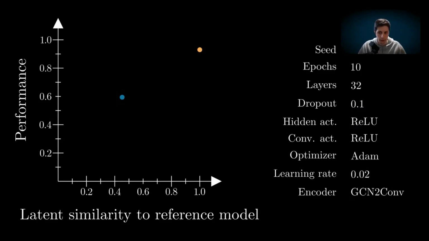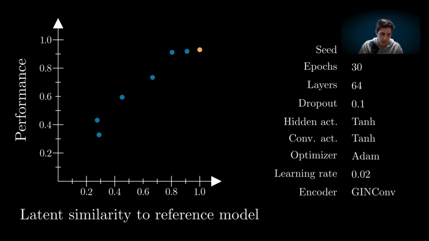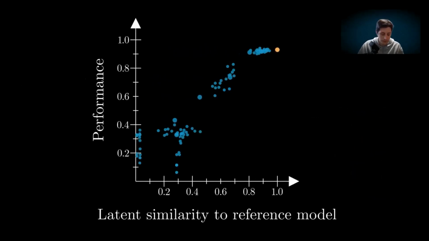And then we do the following. We change some parameters on the right, and we obtain another model. This model here is represented by the blue dot. It will have some other performance, of course, because we changed the parameter, and some other relative latent similarity to the reference model. It will be different, basically.